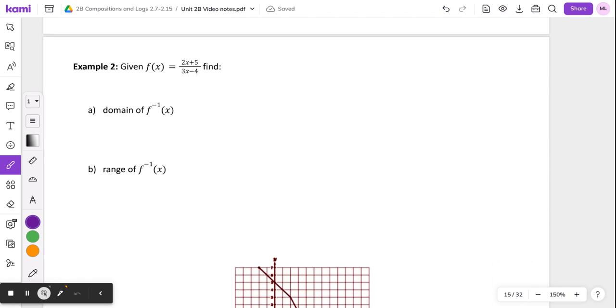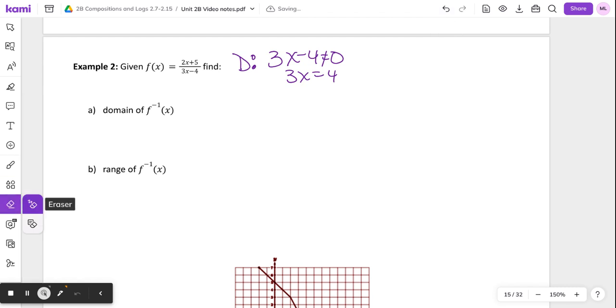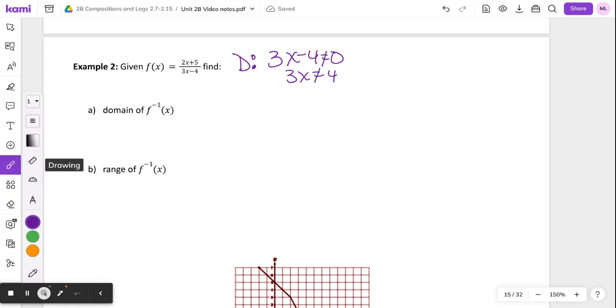All right, now, given f of x is this rational function, (2x + 5) over (3x - 4), find the domain and range of the inverse. Well, let's start with, if this is a rational function, our domain of f of x is everywhere except where the denominator is equal to 0. x can't be 4/3.